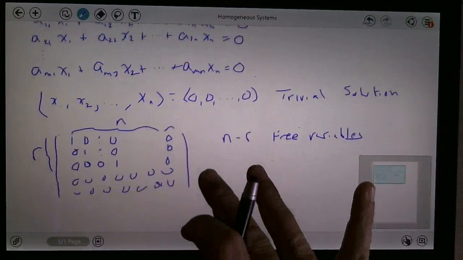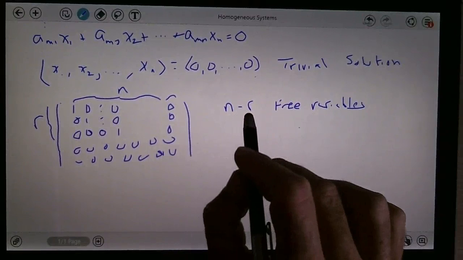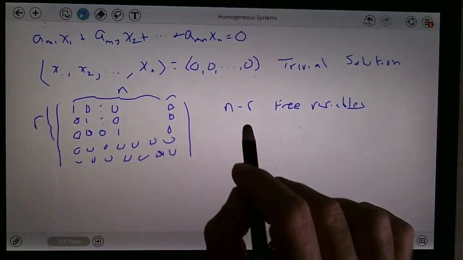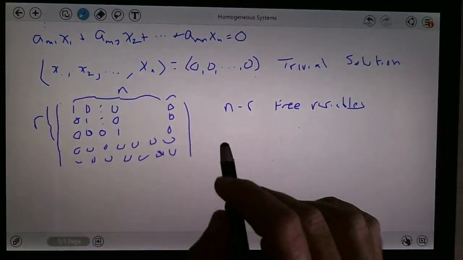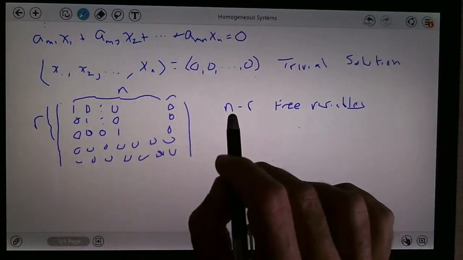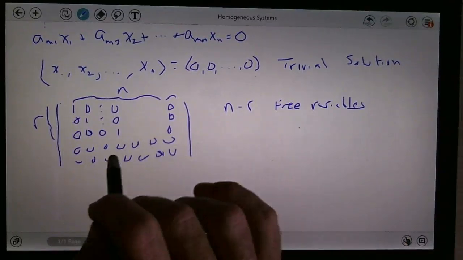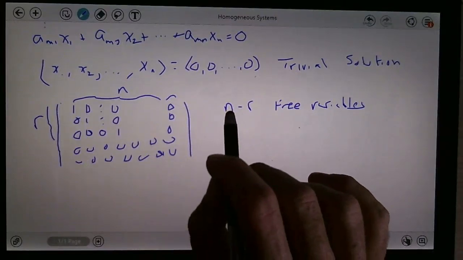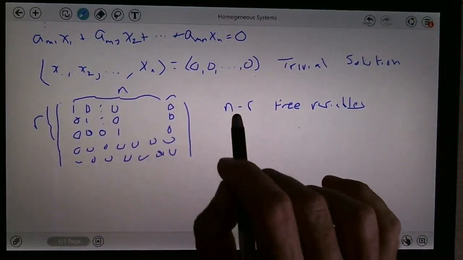So that's theorem 1.2.1, and then they go on to theorem 1.2.2 to essentially say, hey, if n minus r is a positive number, then you have a positive number of free variables, which means you have infinitely many solutions. r is never going to be bigger than n, because you're not going to have more leading ones than you have columns here. This we can make positive as long as r is less than n, if there are fewer leading ones than variables.